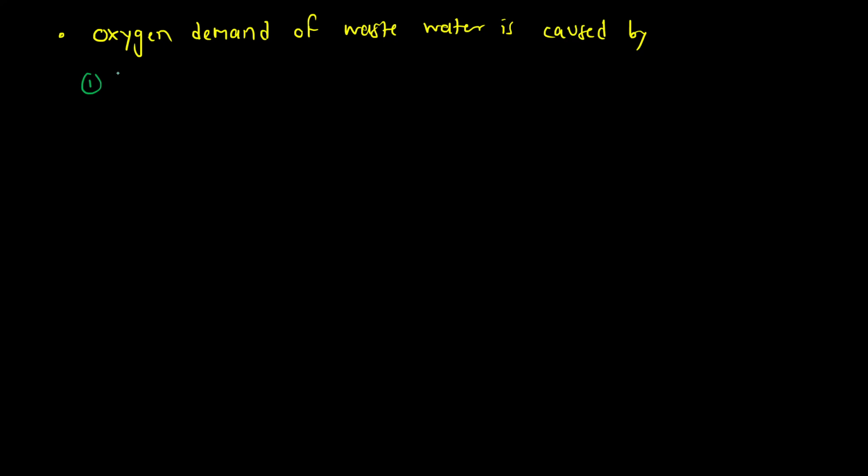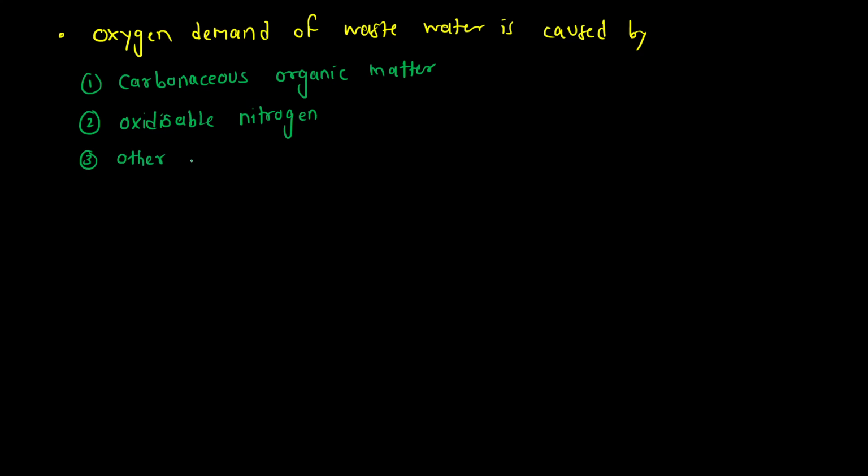The first one is carbonaceous organic matter, where the main content is carbon, and the second one is oxidizable nitrogen. These are the two main ones, and the third category we can call others, which includes certain chemical compounds. These are not contributing much, but the first two are majorly contributing to the oxygen demand of water.